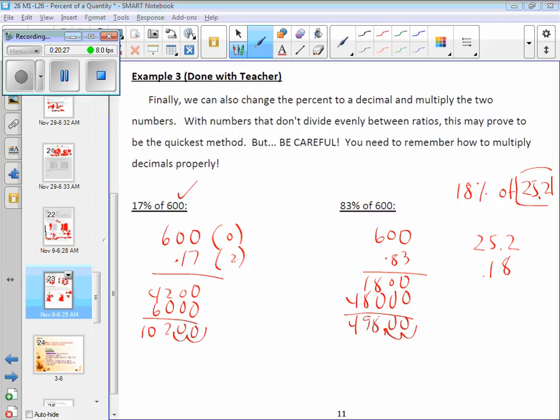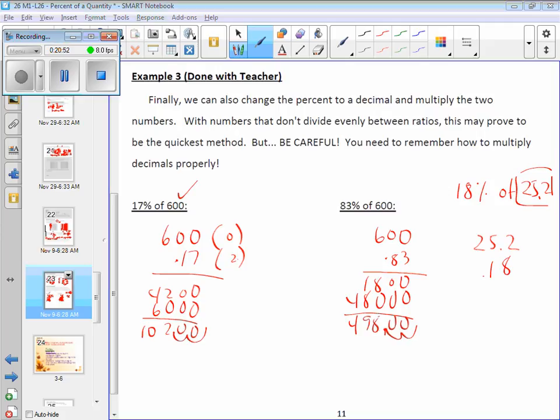Okay? A percent of a number is always a number. It's not a percent. If I go back to this, 17% of 600, going back to the rocks and pennies, if Meals has 600 pennies, and I take 17%, how many pennies do I have? I have 102 pennies. I don't have 102%.